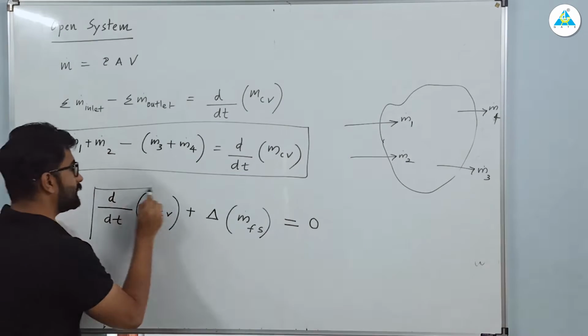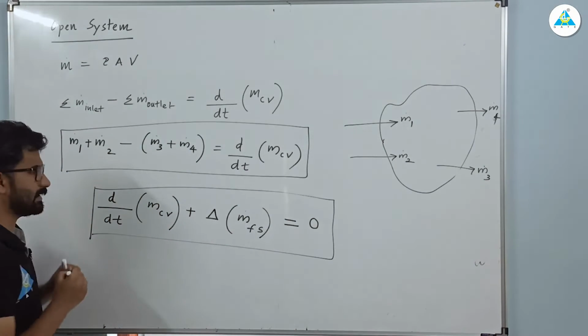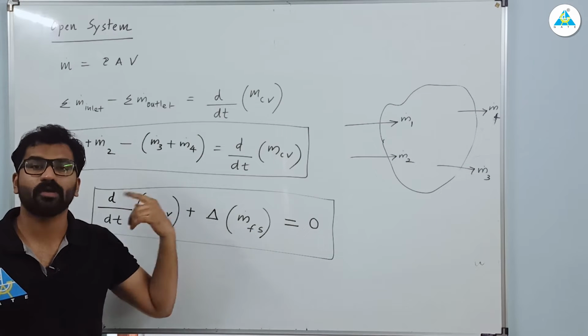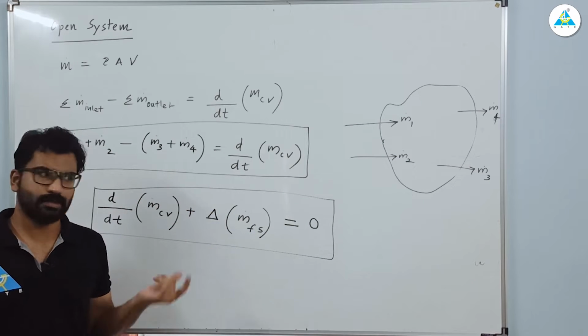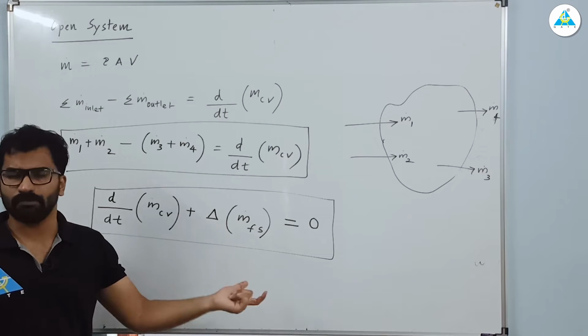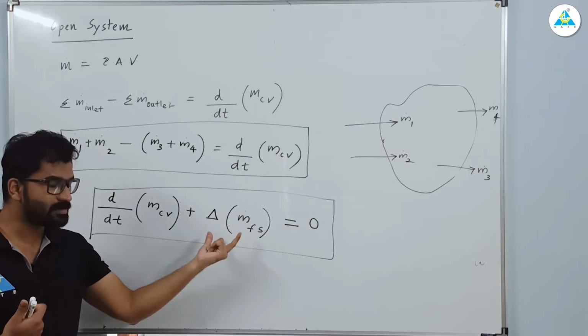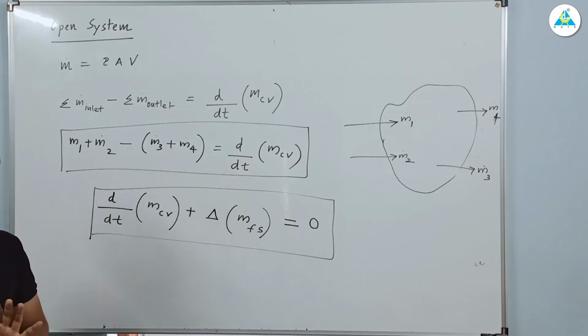It is given in your Smith book. Why am I interested in this notation? Because they can give this as an expression for your mass balance in your questions. They can give this in options A, B, C, D and ask what the mass balance equation is. So after seeing this also you should understand it has the same meaning.